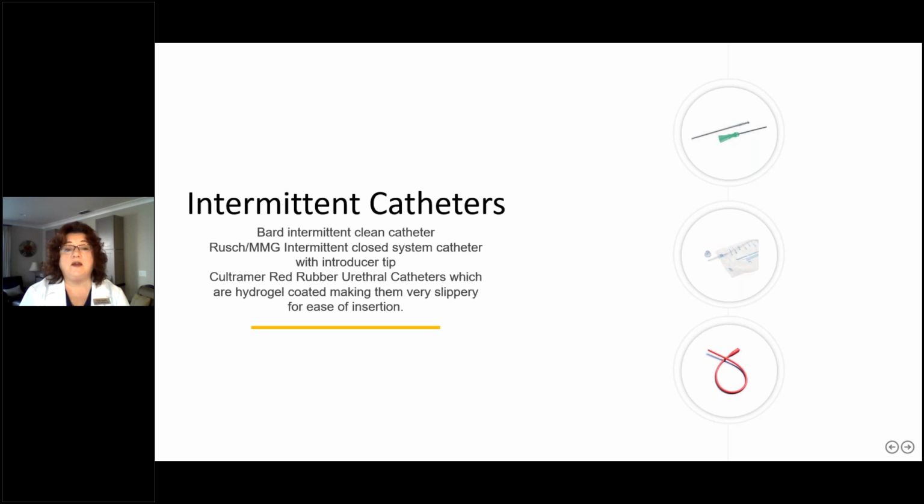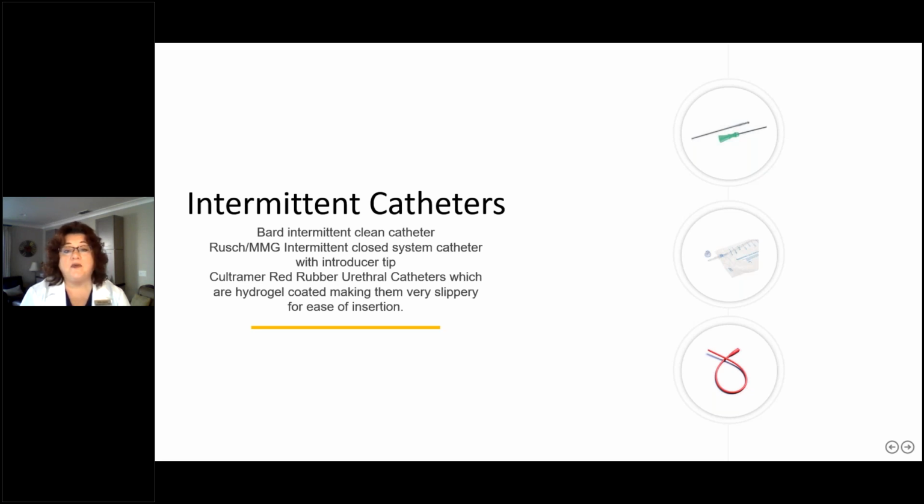There are many, many brands and types out there. Bard has a clean intermittent catheter, you see at the top. My favorite is the middle one, which is the closed system. The closed system has an introducer tip, and it's so easy for people and so much more clean and sterile. You get your urine right in the bag, and then you can go empty it or throw it away.